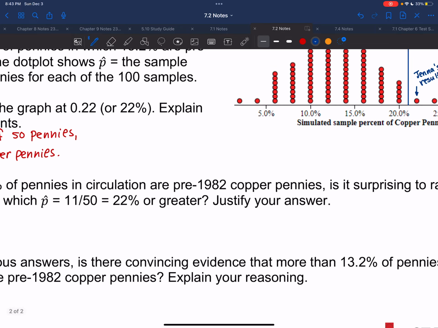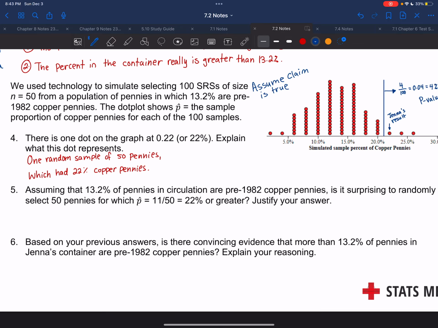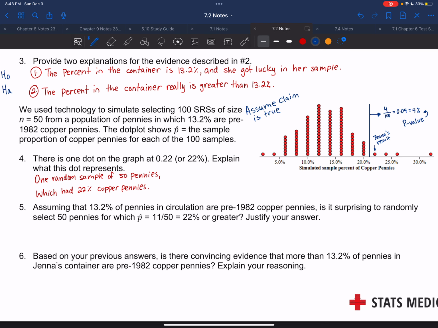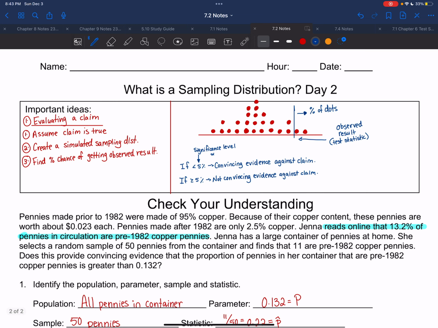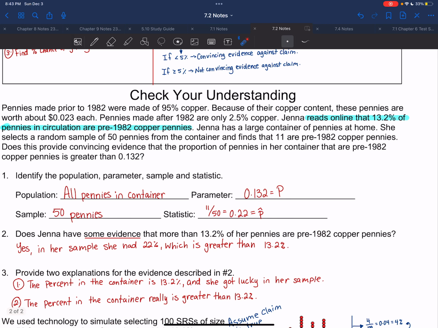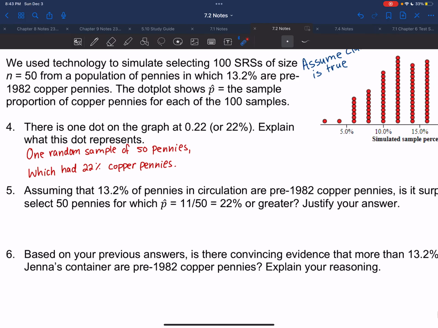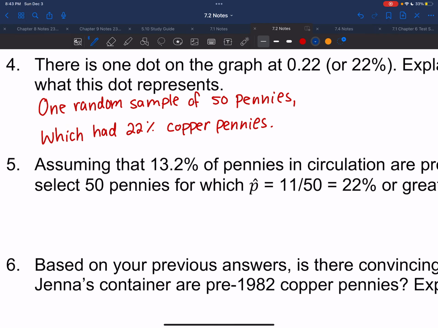Okay. Now it says, is it surprising to randomly select 50 pennies for which 22% or greater are copper? All right. Now, if I go back to the big ideas, if it's less than 5%, we have convincing evidence against the claim. So the claim is 13.2% are copper. All right. So we have a p-value less than 5%. So that means that we do have convincing evidence.